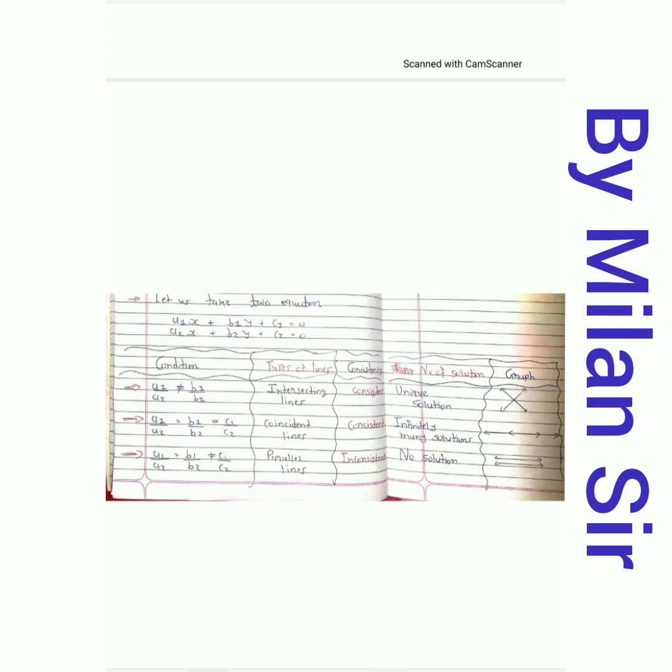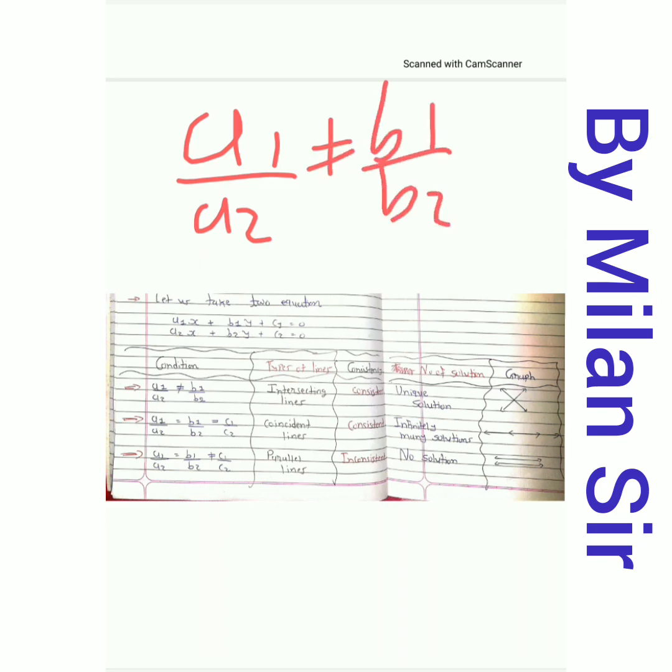Now third case, if your slope is not same, right? If your slope is not same, that means a1 upon a2 is not equal to b1 upon b2, then definitely it is an intersecting line. If your slope is not same, then two lines must intersect at one point. Intersecting lines do not have same slope, right? If they have same slope, then there are only two conditions, parallel line and coincident line.